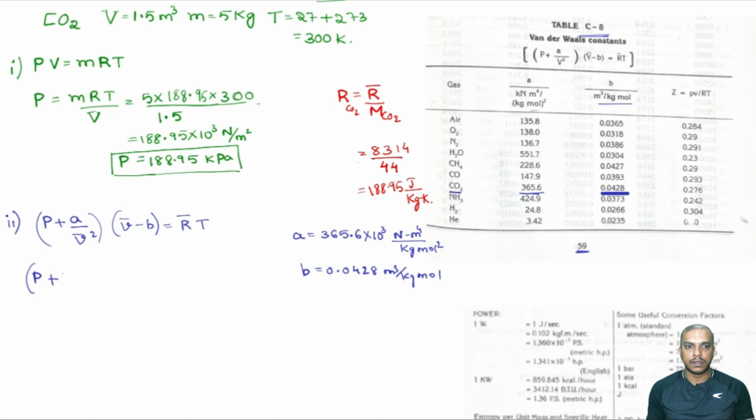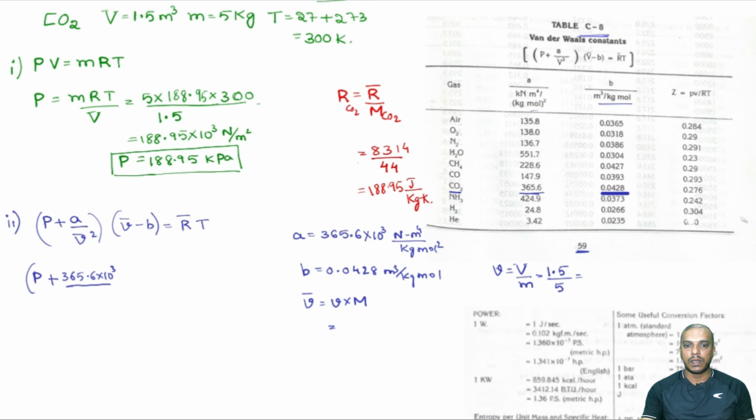So, the value of a we will substitute: 365.6 into 10 power 3, and the value of V bar. Remember, how do we calculate V bar? V into molecular weight. We know the specific volume V is volume by mass, small m. Volume was 1.5 and mass is 5 kg.